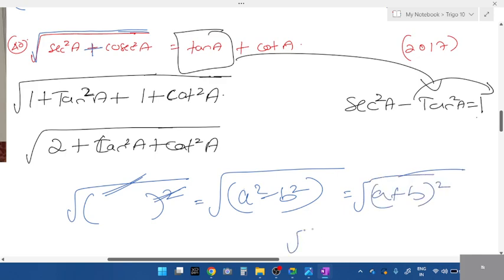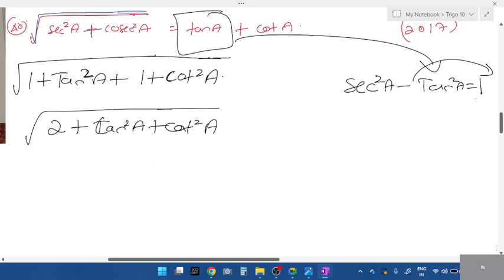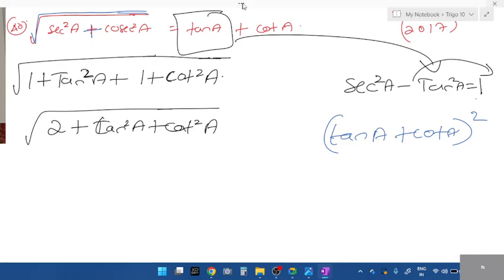A plus b the whole square, and the other one is a minus b the whole square, so that I can cancel the square. Now, what are the two values we have? We have tan and cot. Can you tell me the answer for tan a plus cot a the whole square? Use a plus b the whole square here.